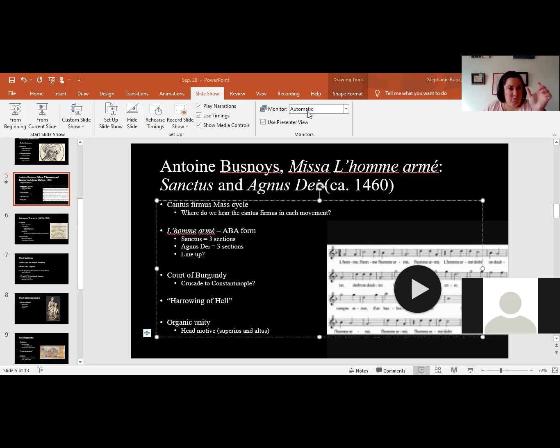Look, the word organ is in there, right? So just like all of the organs in your body are pieces of a whole that work together, in that same way, organicism means that all of the movements of a large scale piece of music relate to each other and symbiotically function with each other. This is a big concept for us because we in the 21st century tend to value organicism above many other musical traits.